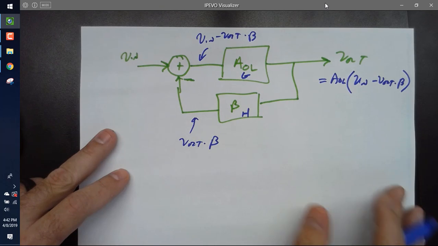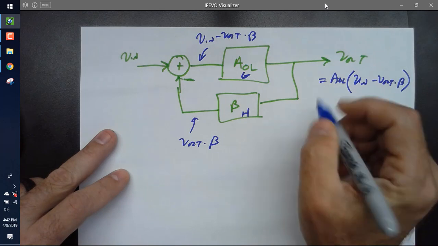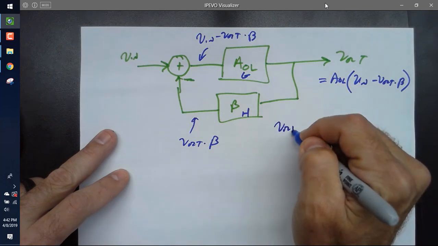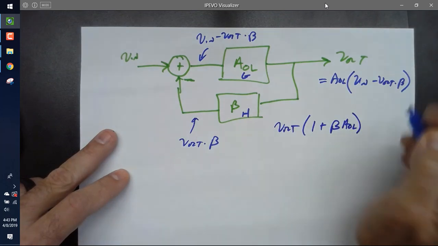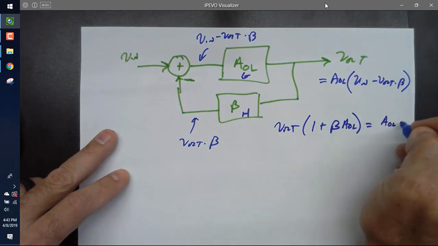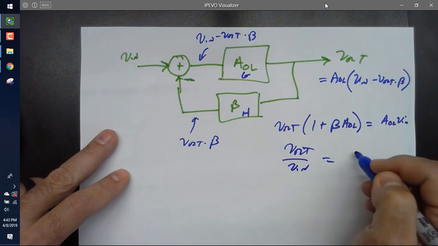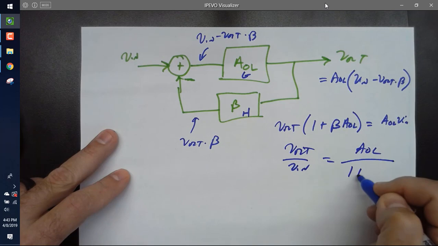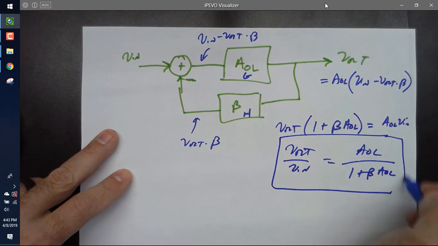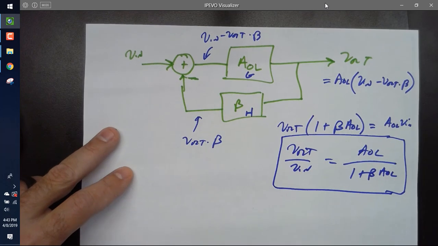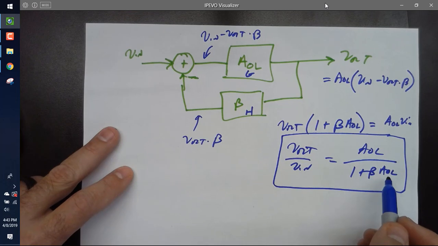And if I solve for this, if I get all the like terms together, I get V out times 1 plus beta AOL equals AOL times V in, or V out over V in equals AOL divided by 1 plus beta AOL. Anybody seen that before?